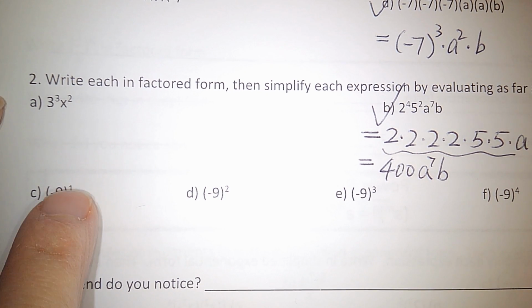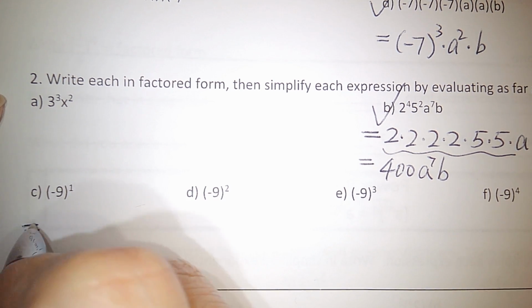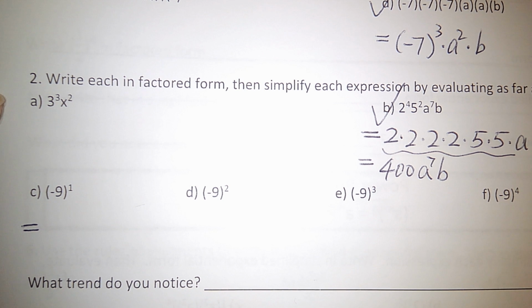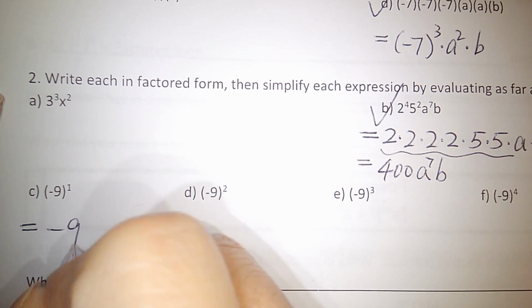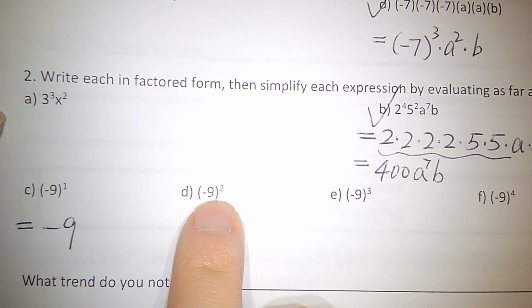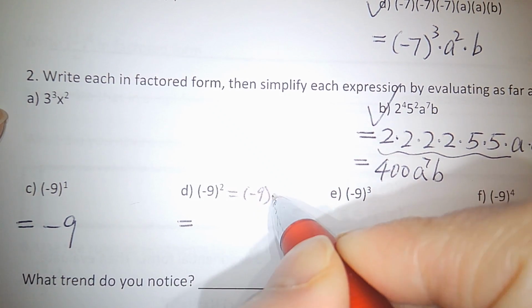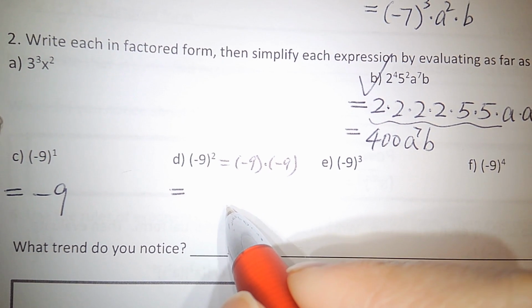What is negative 9 to the first power? Negative 9. It's itself, right? Any number's first power is itself. What is negative 9 squared? Negative 9 times negative 9. Eventually we should get a positive or negative.